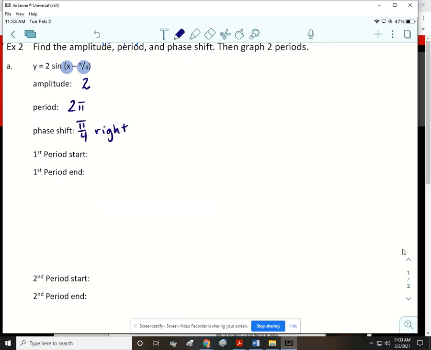So if we take a function that normally starts at 0 and shifts it to the right pi over 4, then that gives you a starting point of pi over 4. Now, if it has shifted to the left, the starting point would be negative whatever. So shifting to the right gives a positive starting point. Shifting to the left gives a negative.